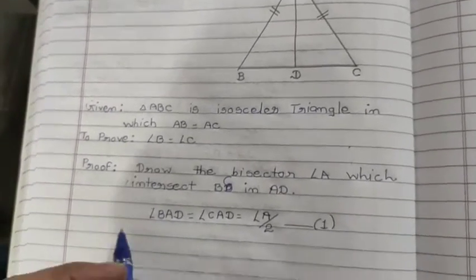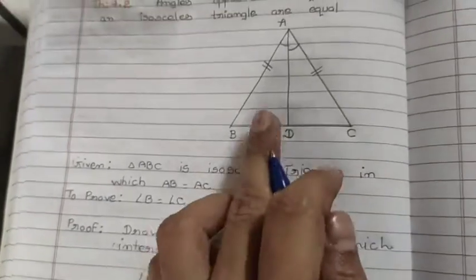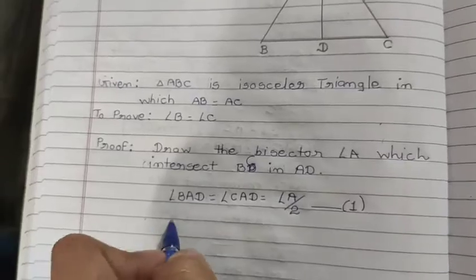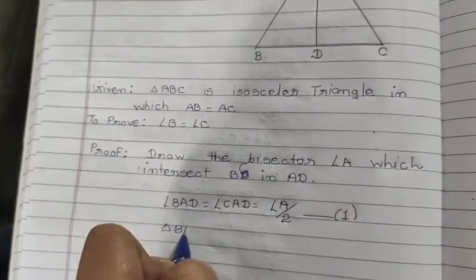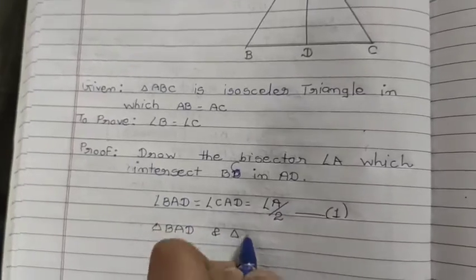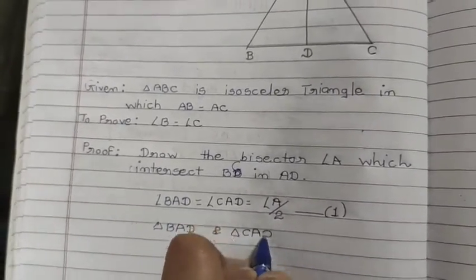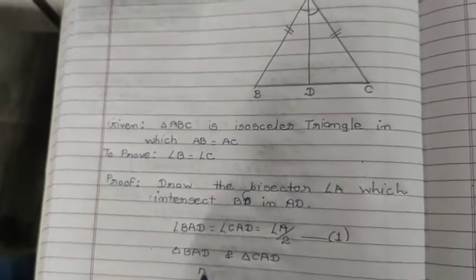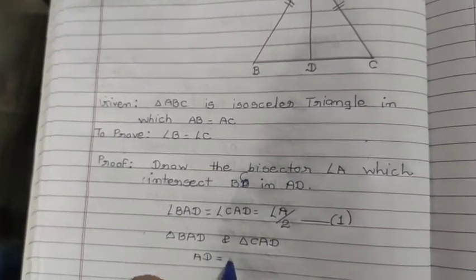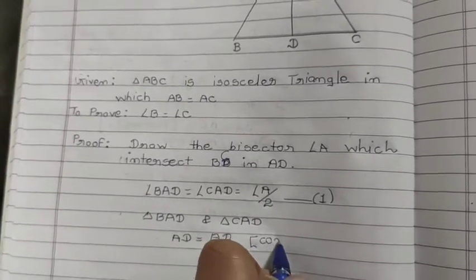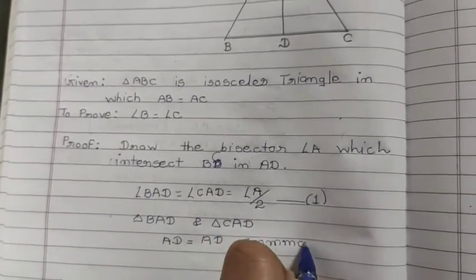Now we will take these two triangles, BAD and CAD. So in triangle BAD and triangle CAD, we can see that AD is the common side in both triangles.